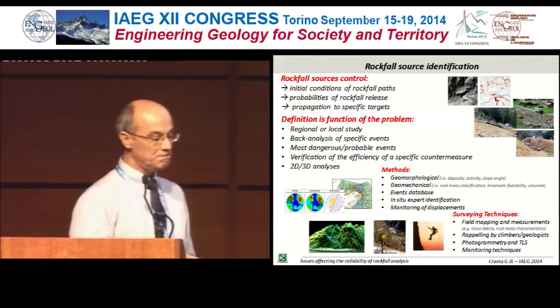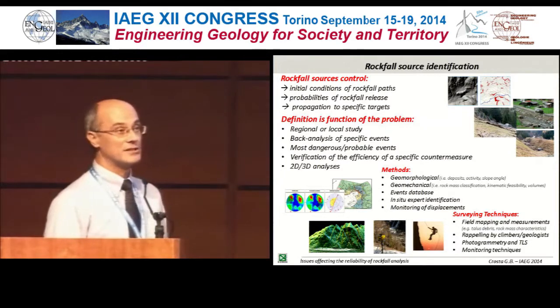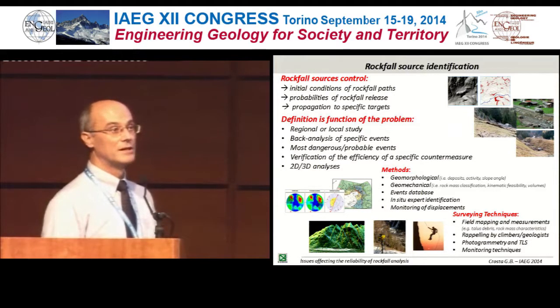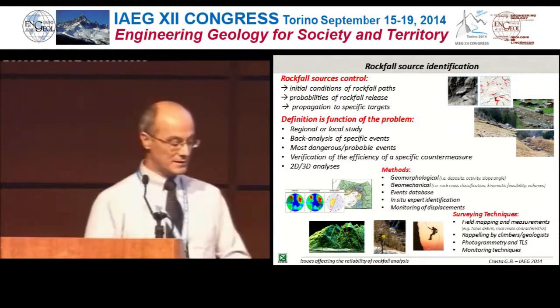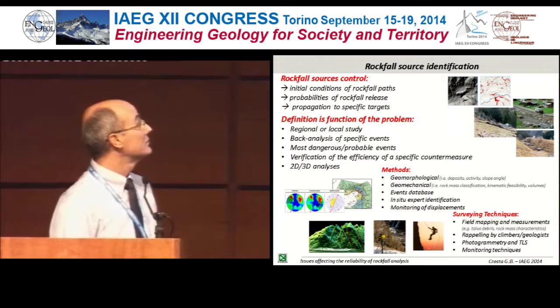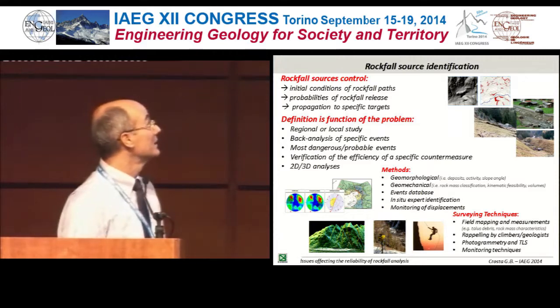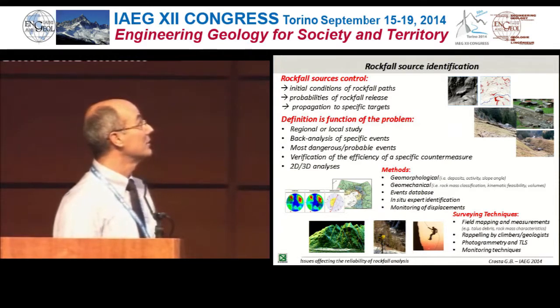And at the same time, we can also define source areas according to the need for designing or verifying a countermeasure. I will not go into detail about the methods for mapping and establishing the right source areas, but we know that we can use a bunch of different methods and different surveying techniques.